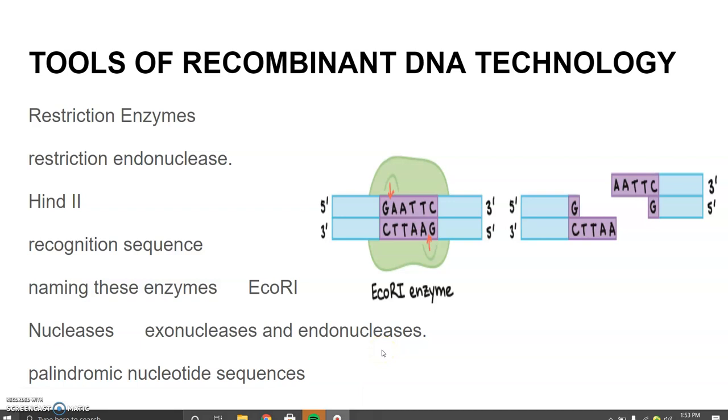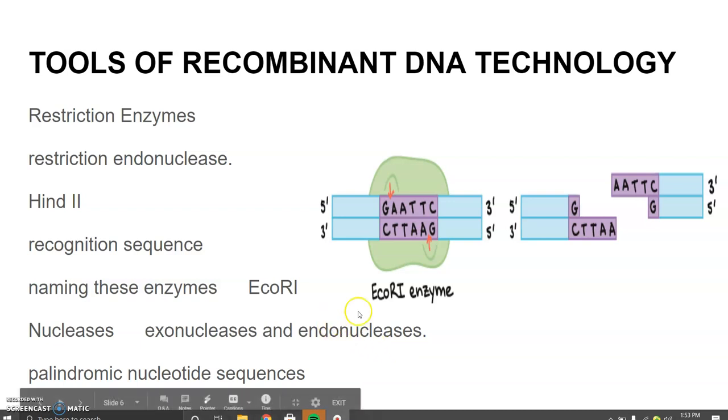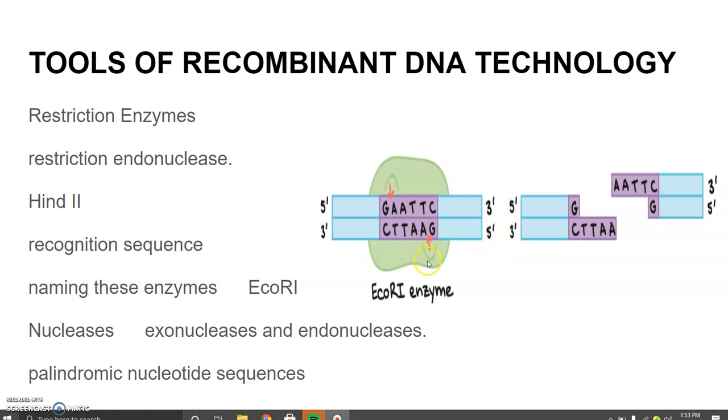Each restriction endonuclease functions by inspecting the length of the DNA sequence. Once it finds its specific recognition sequence, it will bind to the DNA and cut each of the two strands of the double helix at specific points in their sugar phosphate backbones.